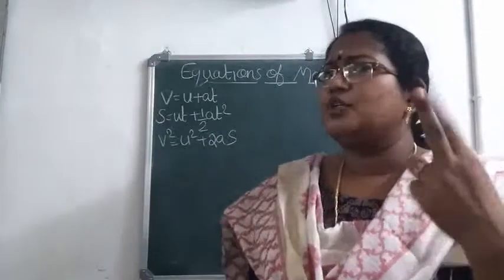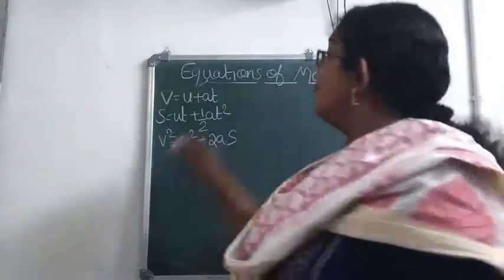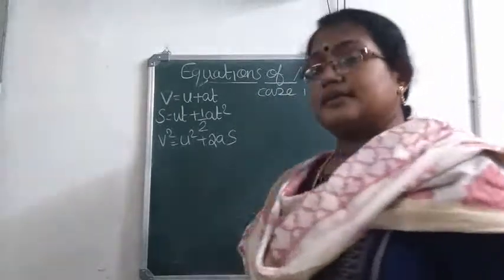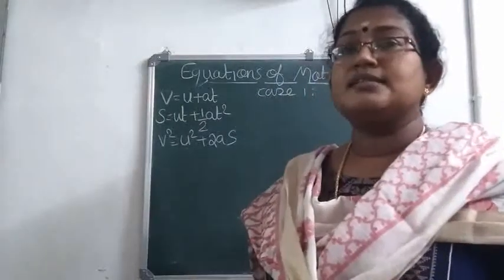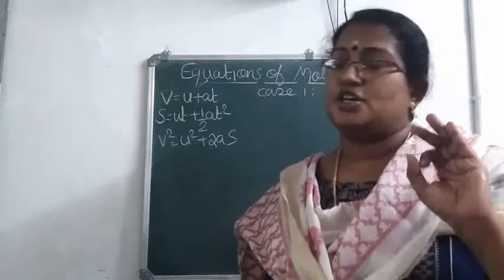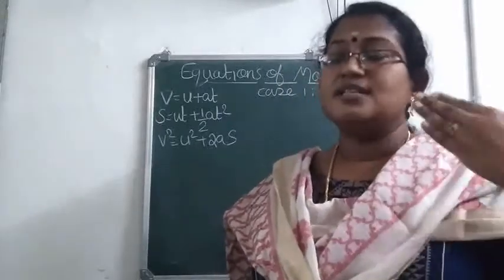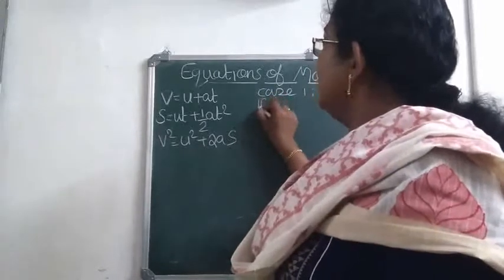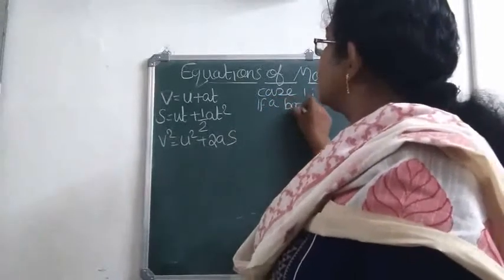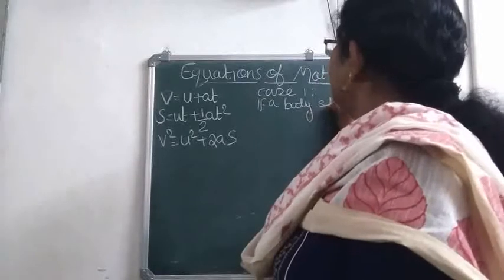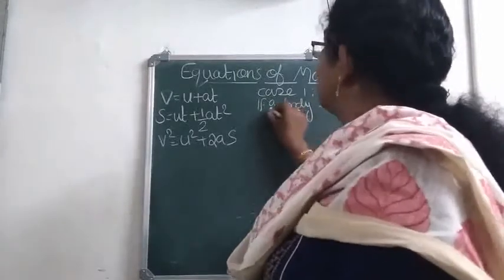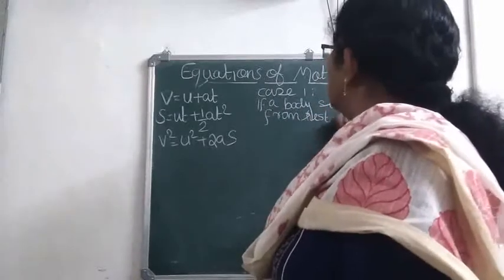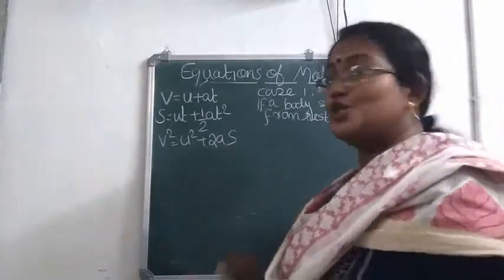Now we have two cases here. The first one is if the body is initially at rest, or if the body starts from rest. If a body starts from rest, what happens to u? u will be equal to 0.